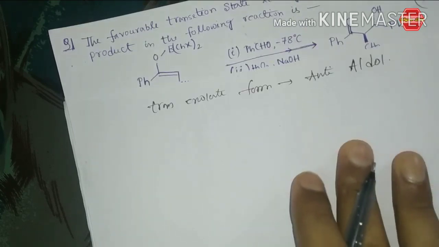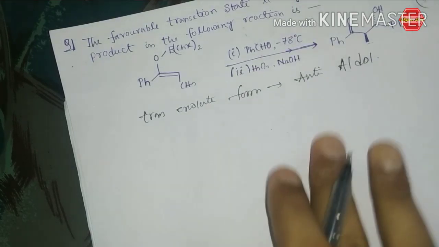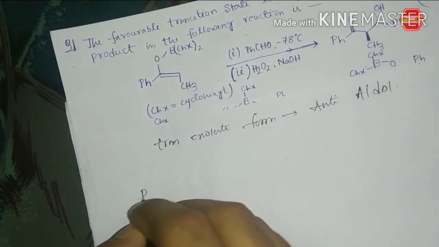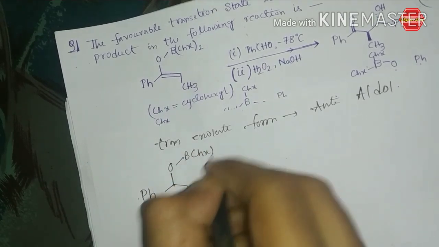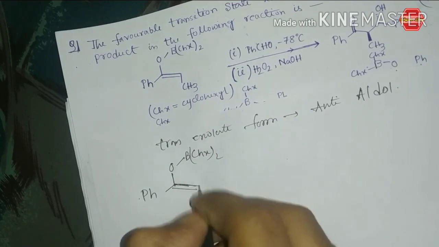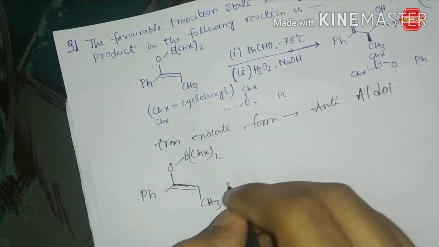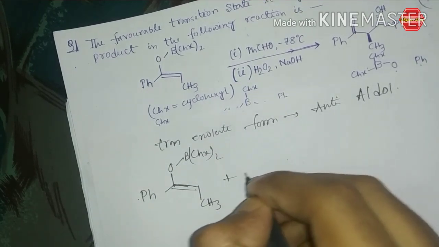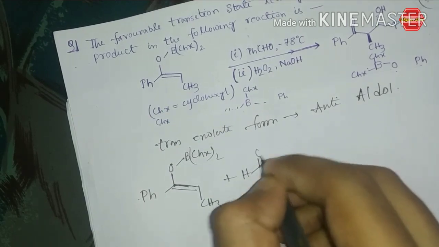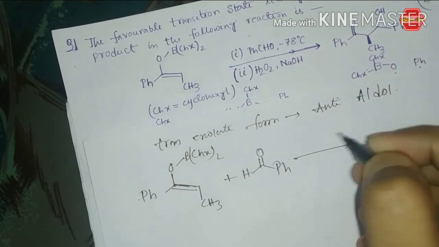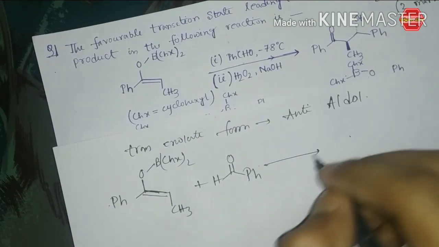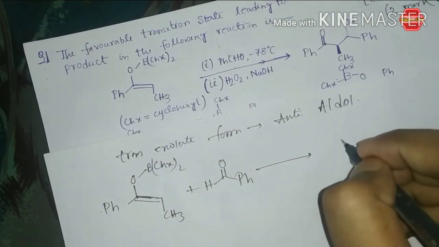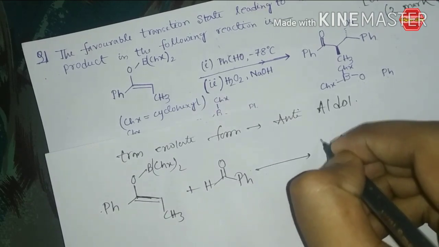Okay, now see, this is given to you. Now we can write, and I'm writing this way, Ph. Now we can write this structure in the Zimmermann-Traxler model, that is a 6-membered cyclic transition state, this way.